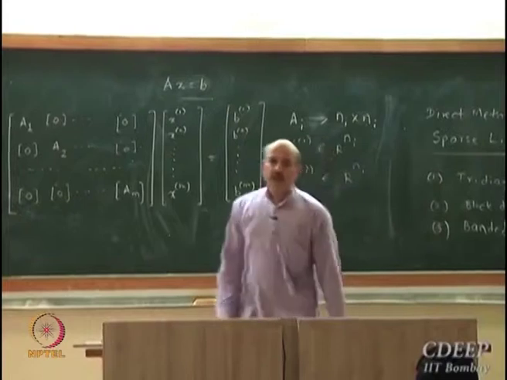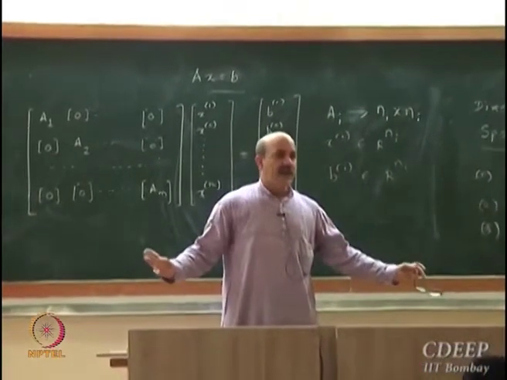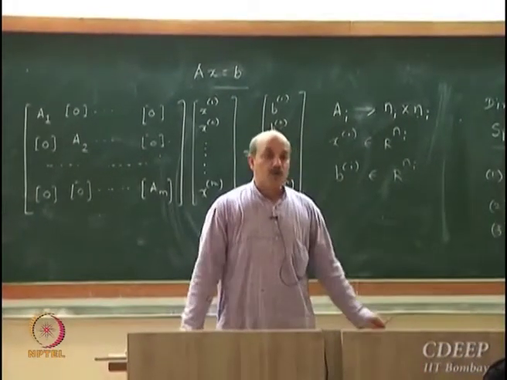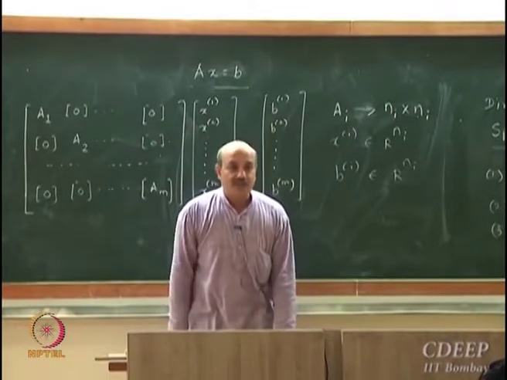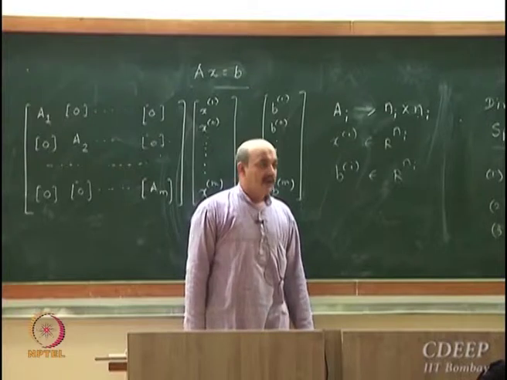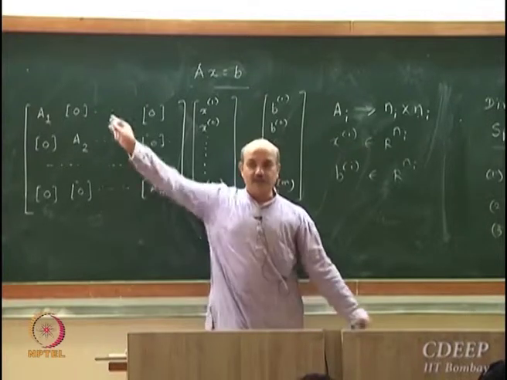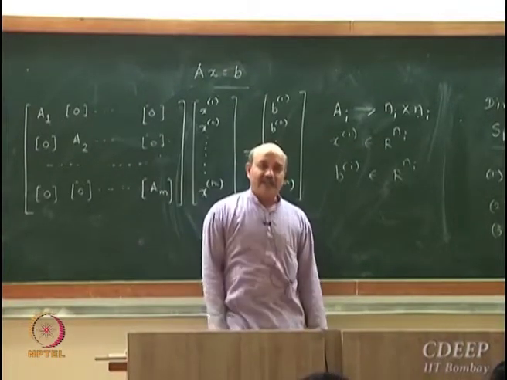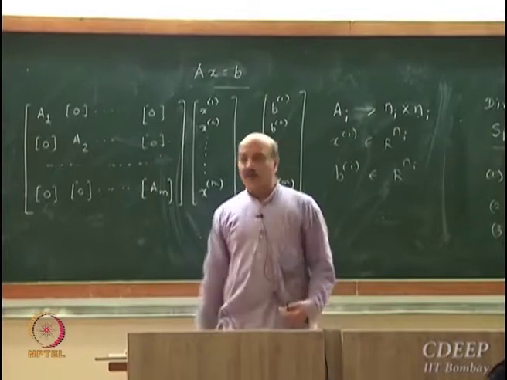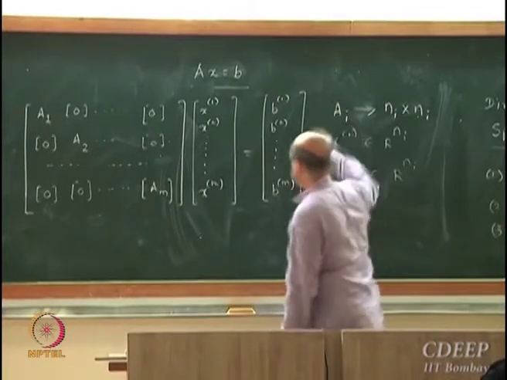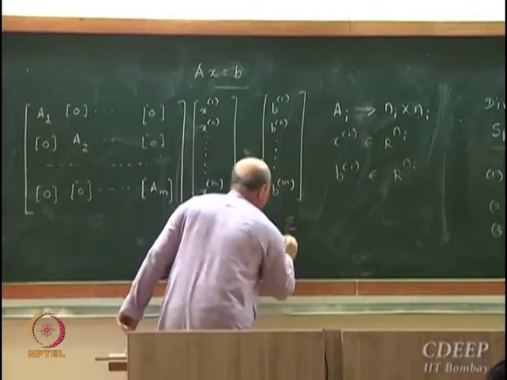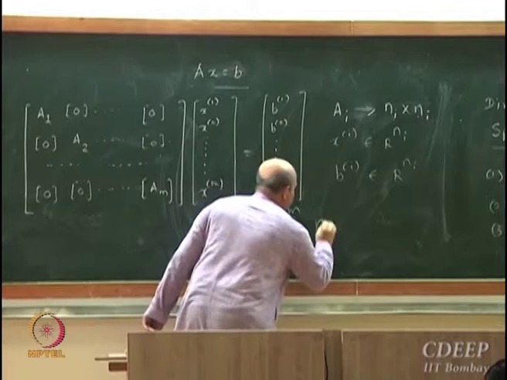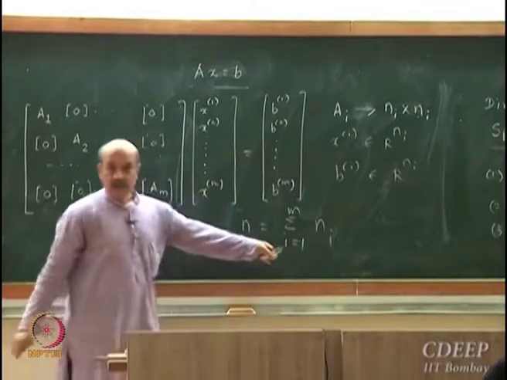Okay, now what do I do when I want to solve this? Well, the brute force way is to take this entire matrix and use Gaussian elimination. Okay, I can use Gaussian elimination on this entire matrix. So what is n here? Total n. My total n is the summation, i goes from 1 to m, of Ni, right?